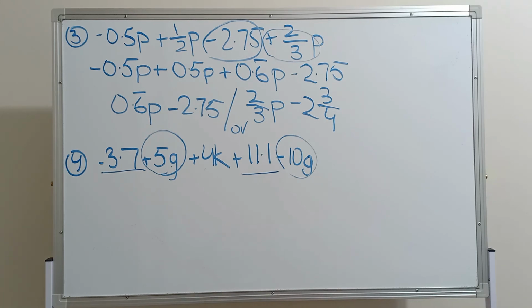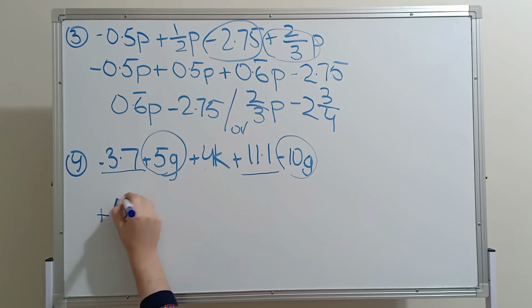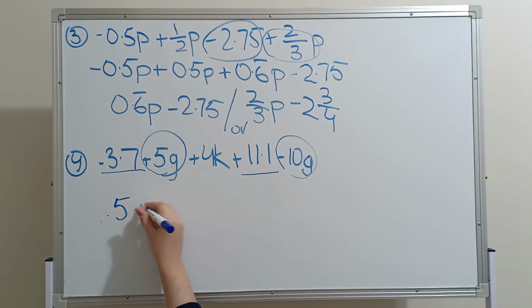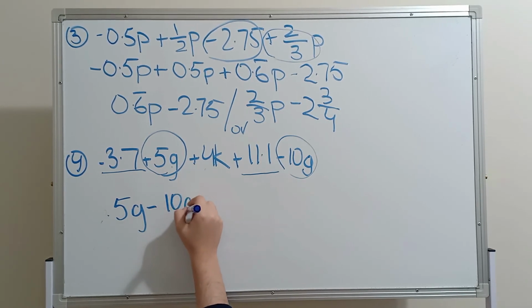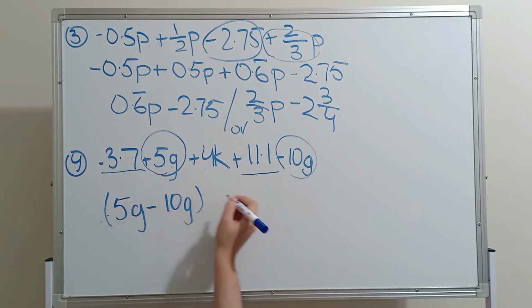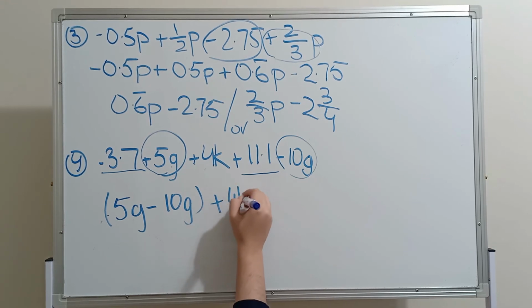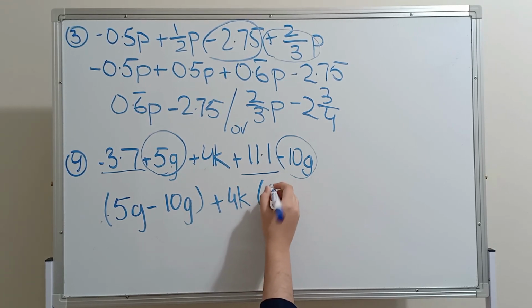So we will do 5g, or we don't need to put a plus sign in front of it, subtract 10g, and then plus 4k because it's the only one here, and then we are going to add 11.1 and negative 3.7.